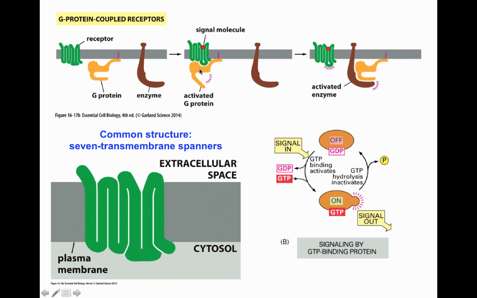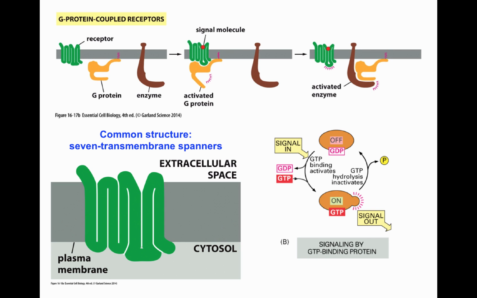Now, when the signaling molecule, the cytokine, the chemokine, the hormone, binds to the G-protein coupled receptor, the receptor will undergo a conformational change, and that conformational change is able to recruit the G-protein. The G-protein will become activated. Eventually, the activated G protein can move and activate an enzyme that is usually inactive at the cell membrane.